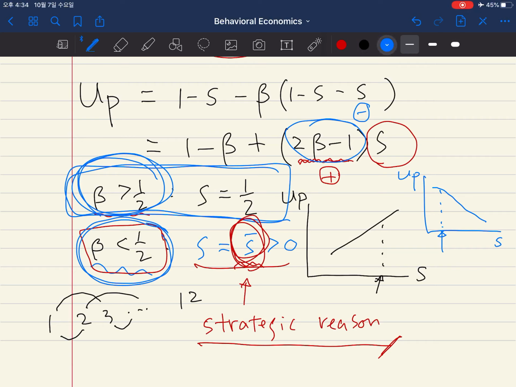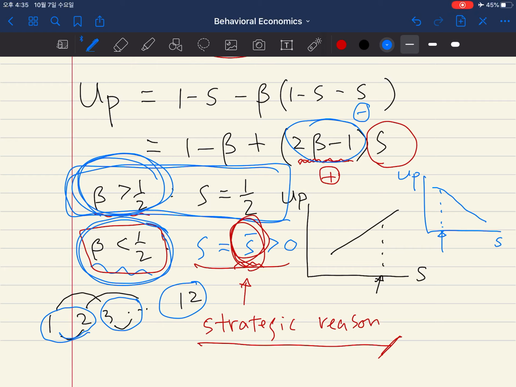And sometimes we group them as first and second, third and fourth, and so on, and we let them play the ultimatum game for many rounds with the same group. In these cases, we let individuals play the ultimatum game experiment many times.